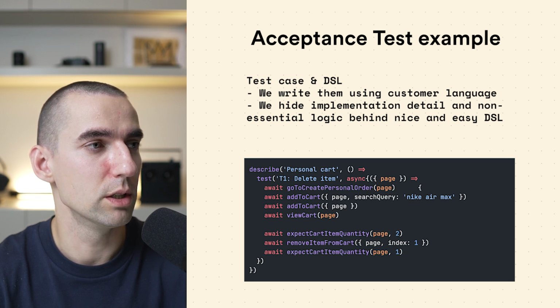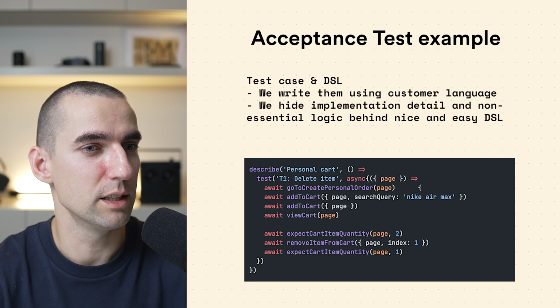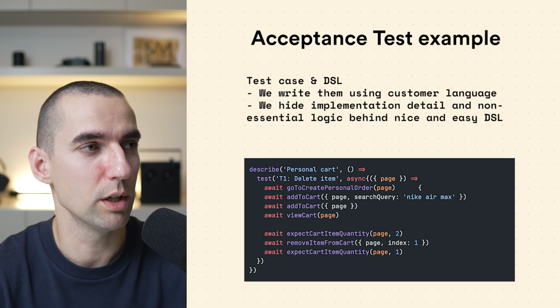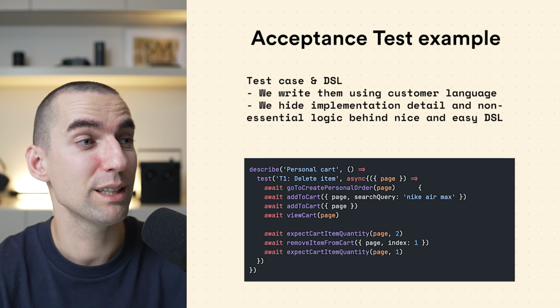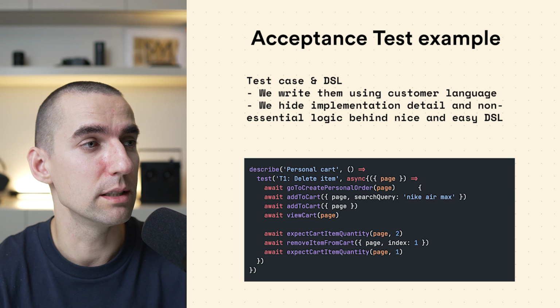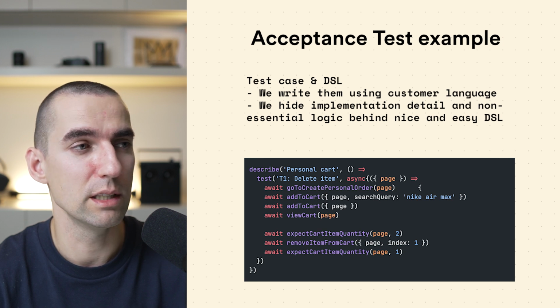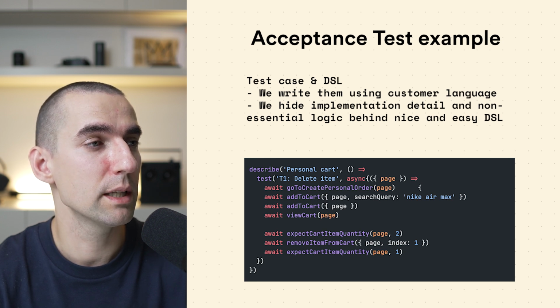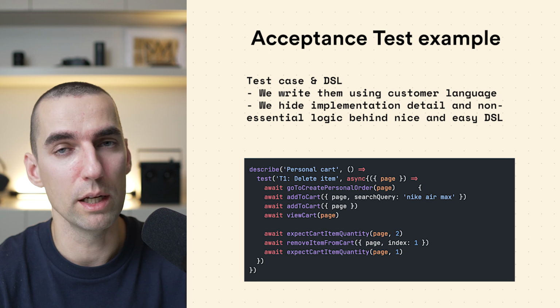So as a user, you've searched for an item, you've added it to the cart, and then you're clicking the cart icon and going to view the cart. And then what you expect to see there is that your cart has two items, and when you remove one item at a specific index, I say first or second item, you expect the cart item quantity to be 1.